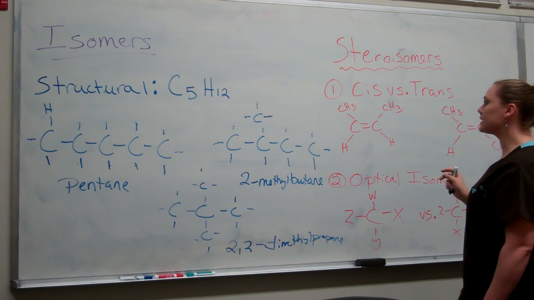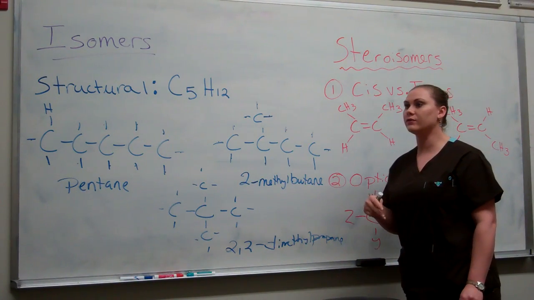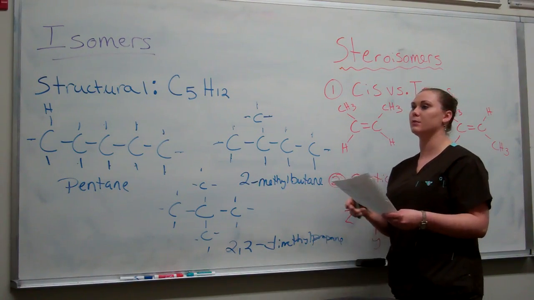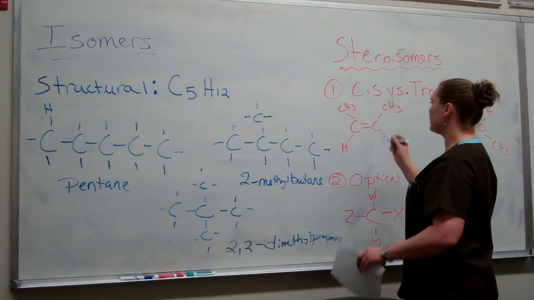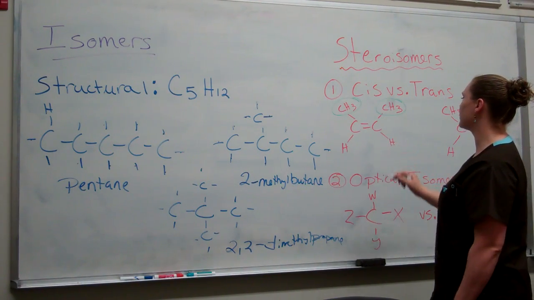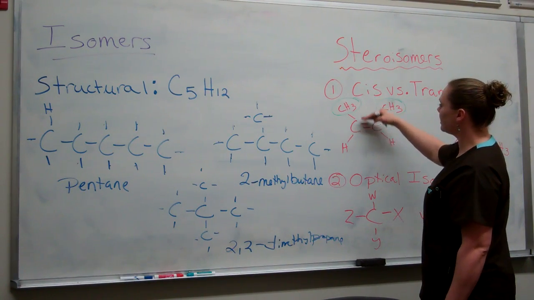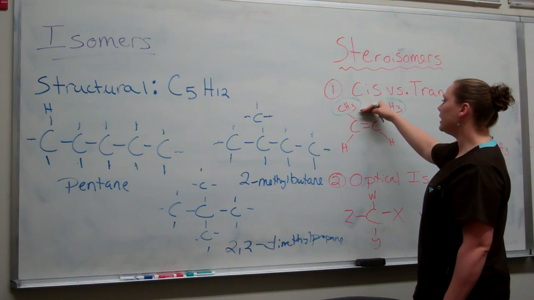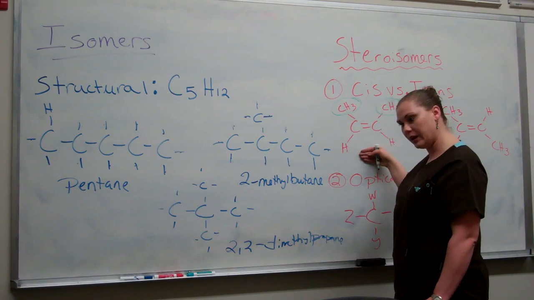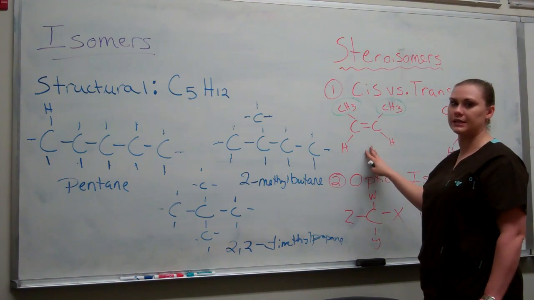A cis, all that's going to indicate is that you have 2 of your same things on the same side of that double bond. For instance, there is a methyl group here and a methyl group here. Hydrogen here, hydrogen here. These are on the same side, the top of the double bond. If the CH3s were on the same side of the bottom of the double bond, that still would be a cis.